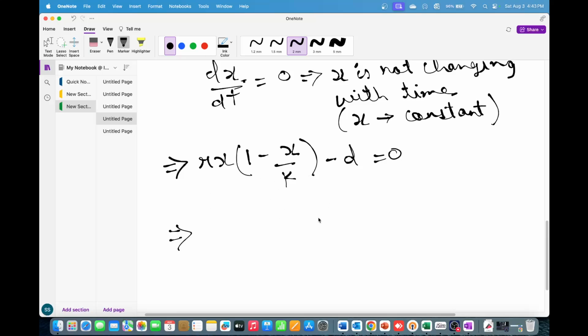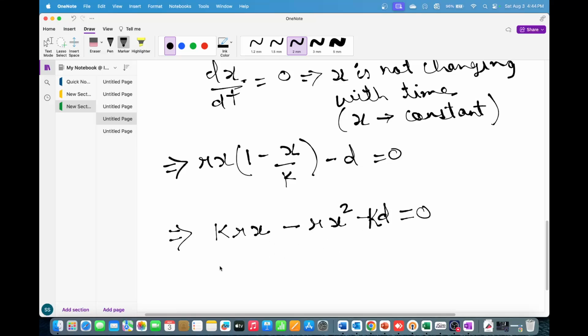If you just take k common and multiply it on the right side, this will be k r x minus r x square minus d equal to 0. I've just taken k common here, so basically this will be k into rx and minus x into rx, which is rx square, and there will be another k. So this is how the equation will look like.